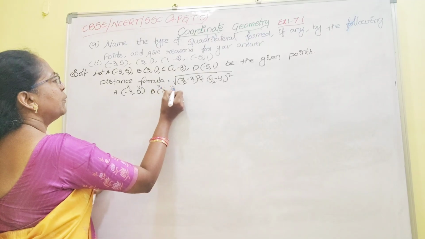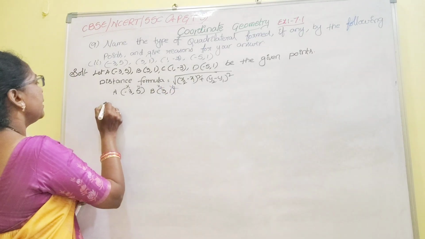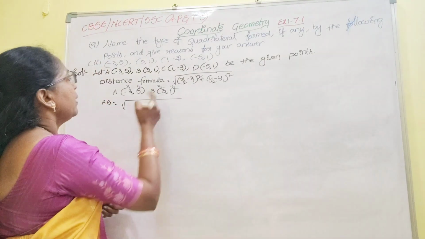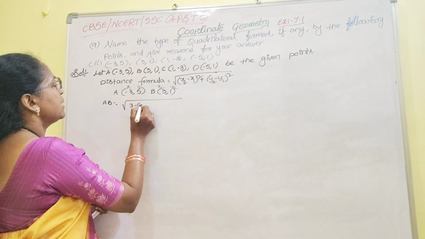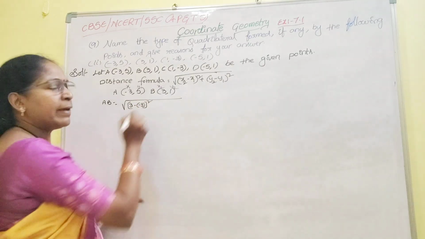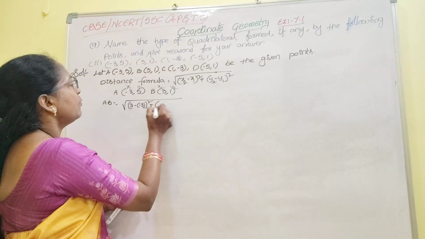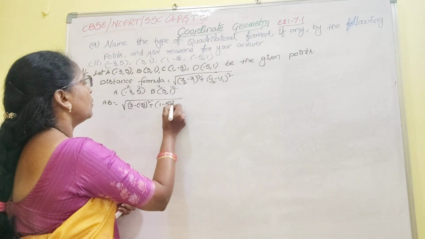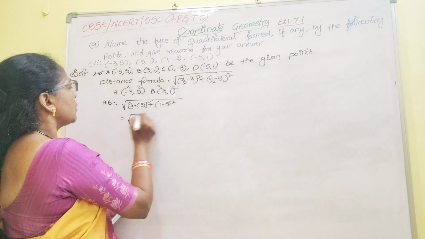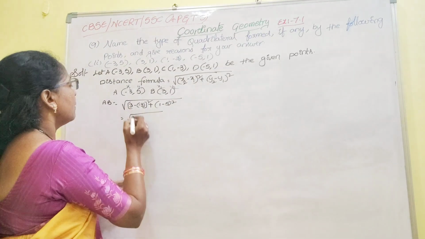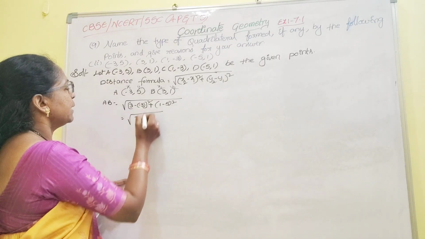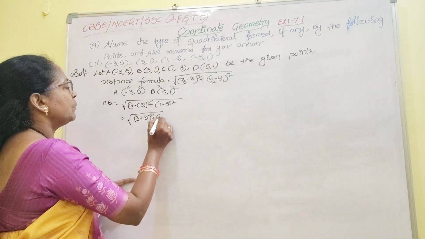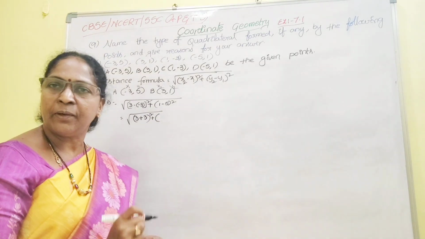and x2, y2. Distance of AB equals square root of (x2 minus x1) whole square, where x2 is 3 and x1 is minus 3, plus (y2 minus y1) whole square, where y2 is 1 and y1 is 5. So 3 minus of minus 3 is 3 plus 3, that is 6, and 1 minus 5 is minus 4.